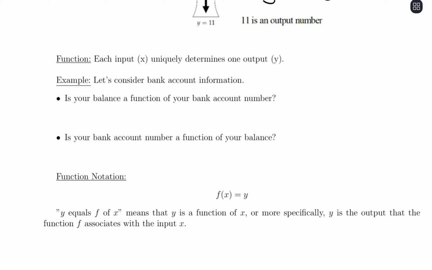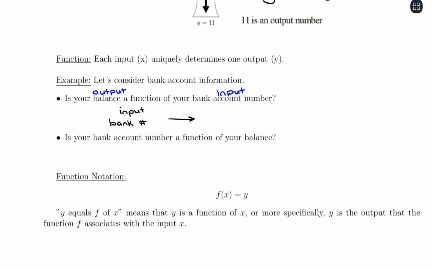Is your balance, which in this case we're talking about as the output, a function of your bank account? We're calling the bank account number the input. So the idea is, does it make sense that if we input our bank account number, what's going to be the output?